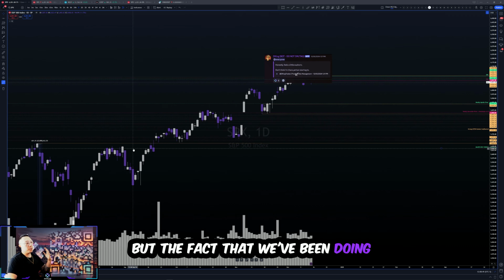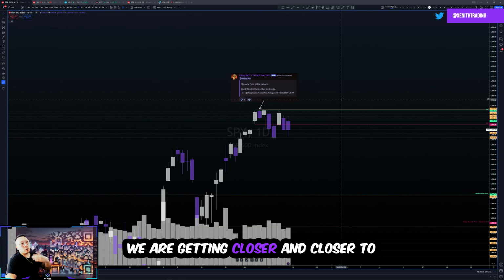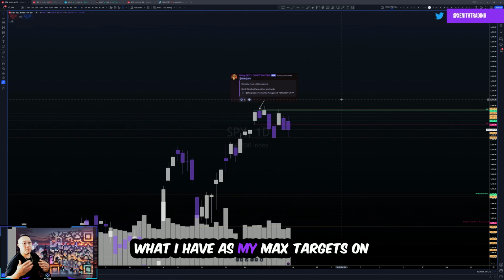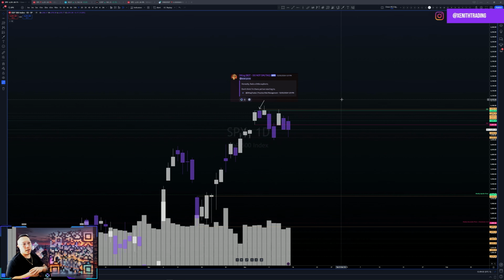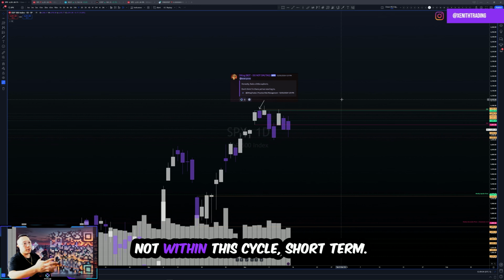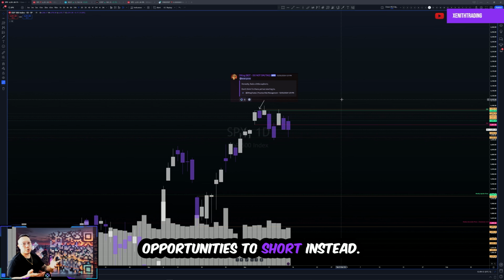But the fact that we've been doing that this entire time since the August reset, I have to be careful. We are getting closer and closer to what I have as my max targets on SPX, which is right around 6,100, 6,200. I don't expect more than that, at least not within this cycle, short term. So it doesn't make sense to me to take longs up here. I'm going to look for opportunities to short instead.